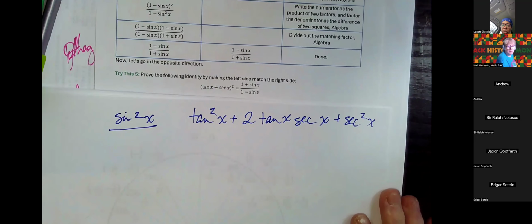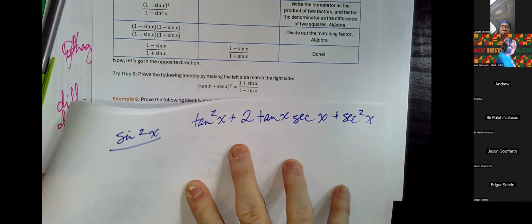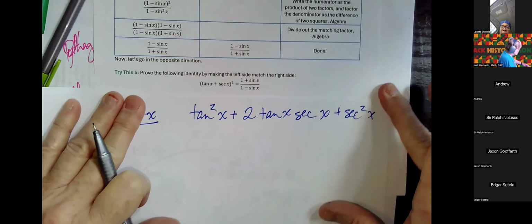Yes, exactly that one. Then you did something different? Well, I changed tangent and secant in terms of cosine and sine first. Okay, that's a great way, and we're going to do it that way in a minute.